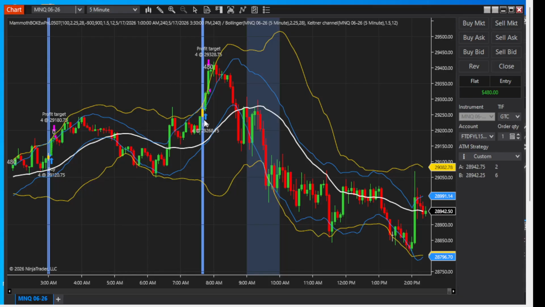And then close is greater or lesser than the open for long and short. And the mid band of Bollinger has to trend in the same direction as the strategy. Yeah, that's pretty much it.